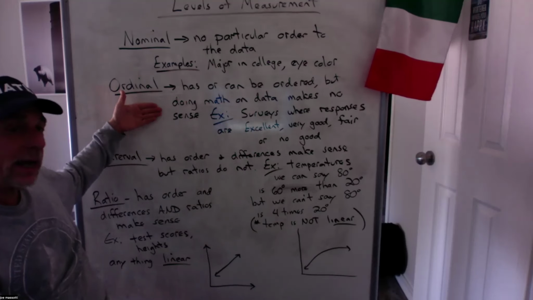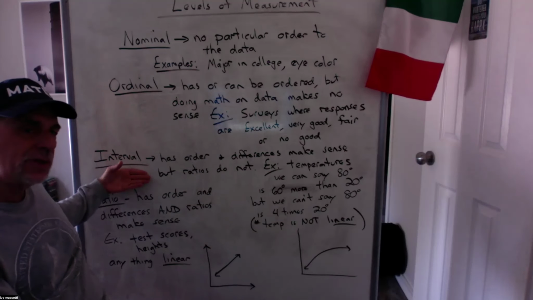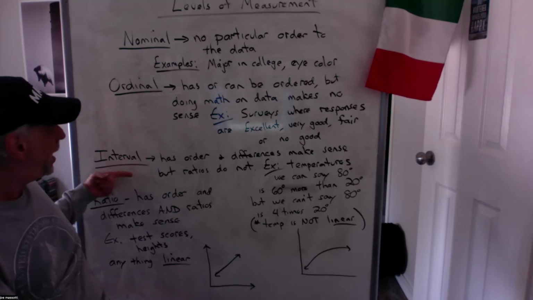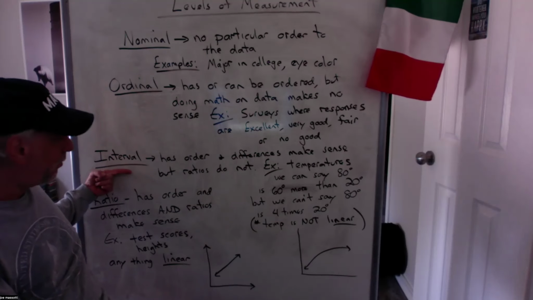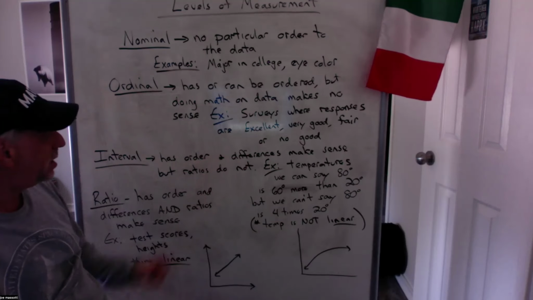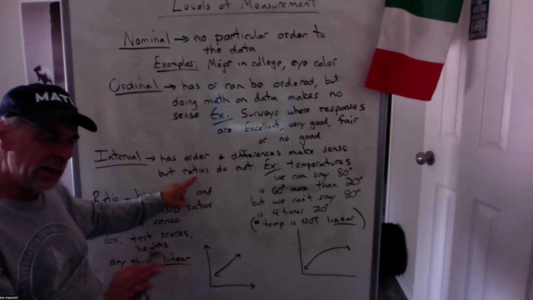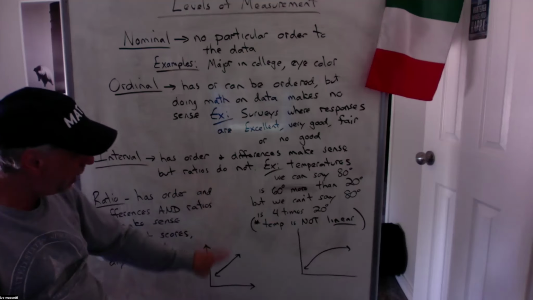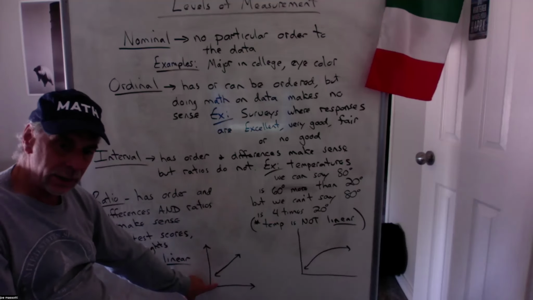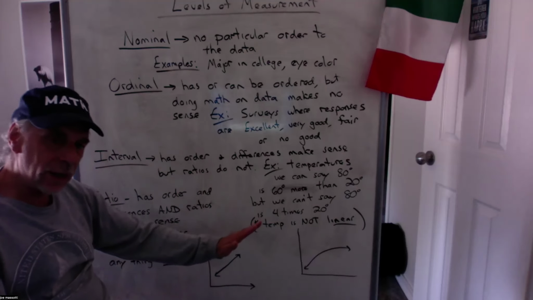Now, if you say, okay, it has order, and I can kind of make sense of differences between the data values, then it reaches the level of interval. Interval data has order, and differences make sense, but ratios do not. So this is a little bit tricky because we're talking about the difference between things that are on a linear scale that kind of rise at a constant value.